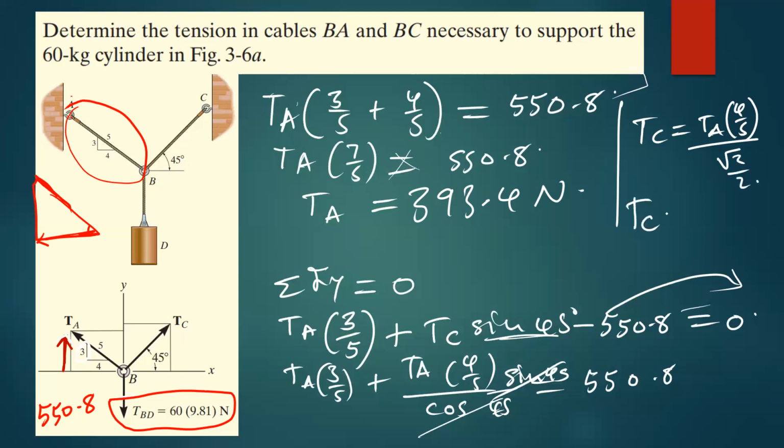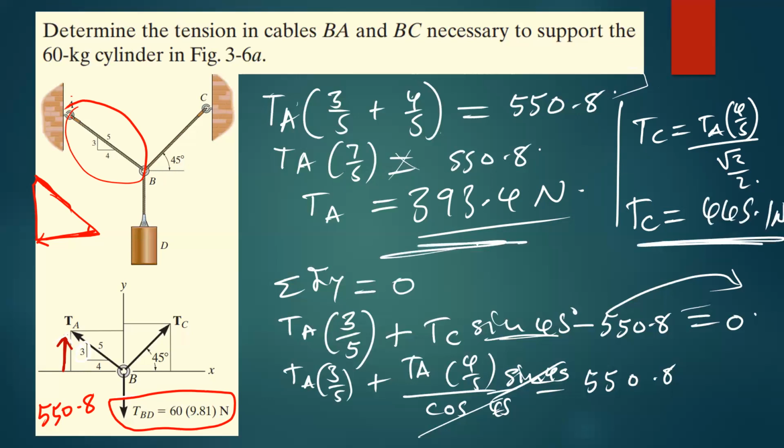So our TC is going to be equal to TA, we put 393, divide that by cos 45, then multiply it by 4, divide it by 5. So it's giving us 445.1 newtons. These are the two values of TA and TC that we have found.